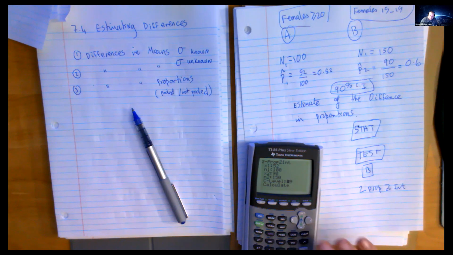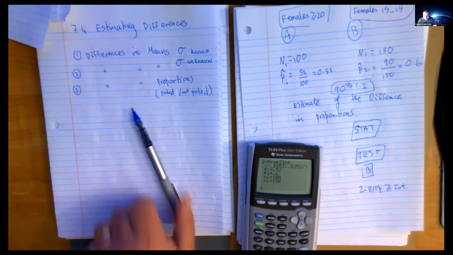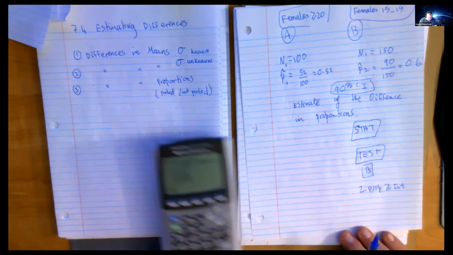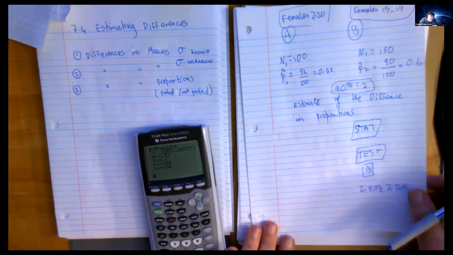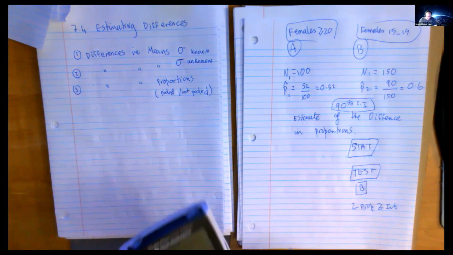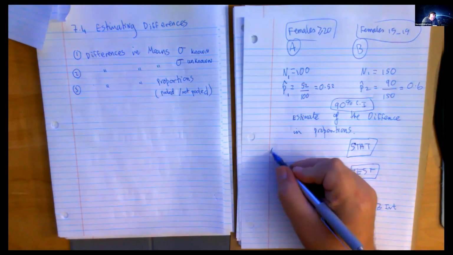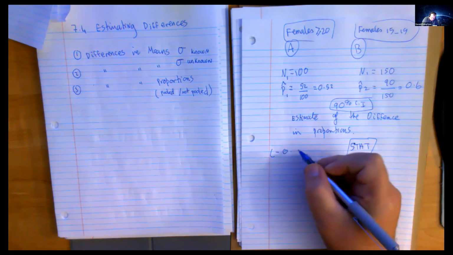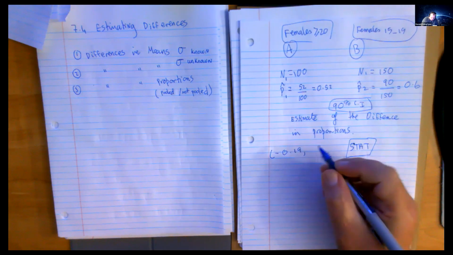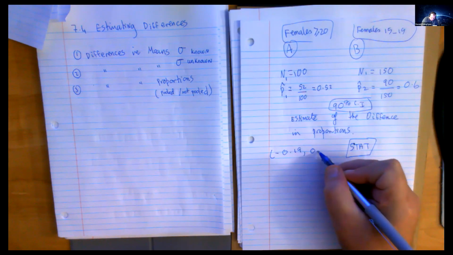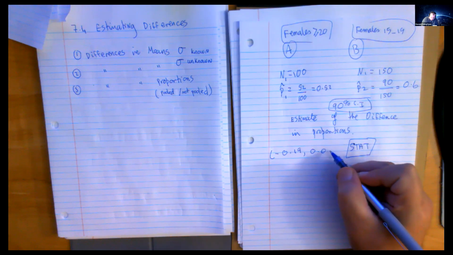So I've already got it set up. About to hit calculate, go. And the number that I got here is negative 0.19 and positive 0.03.